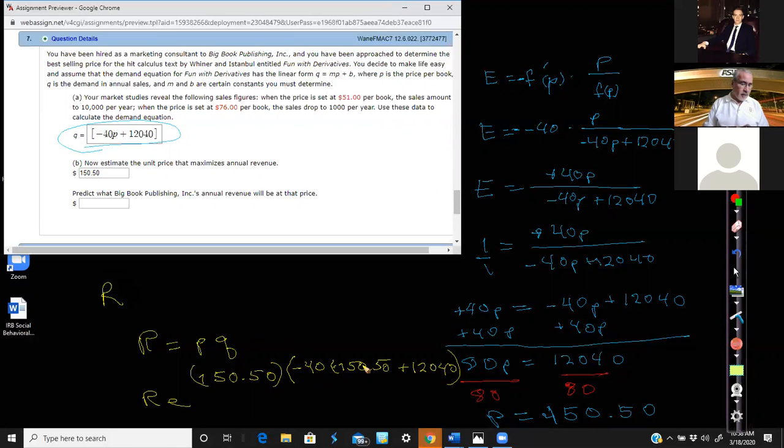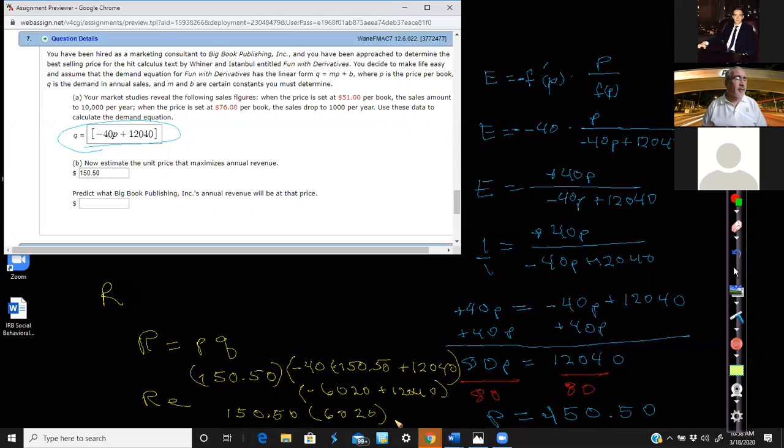So negative 40 times 150.50 gets us in here negative 6,020. $12,040. So we come up with 150.50 times 6,020.